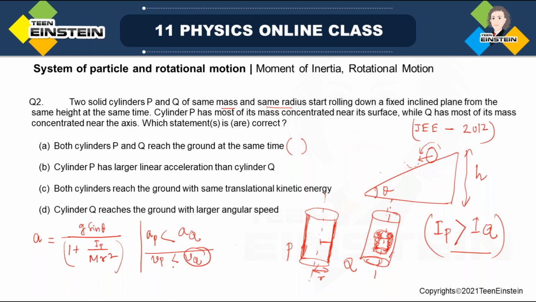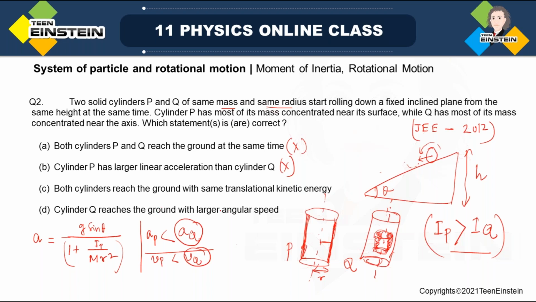Okay, now come to the options. Both P and Q reach the ground at the same time. This is not true because Q has greater linear acceleration and also greater linear velocity, so Q will reach faster than P. So the first option is not correct. The second option says cylinder P has larger linear acceleration than Q. No, we have seen that linear acceleration for Q will be greater than P. So this is also not true.